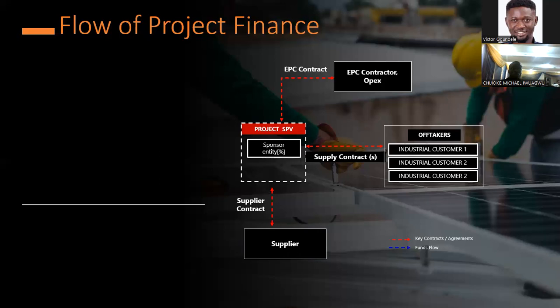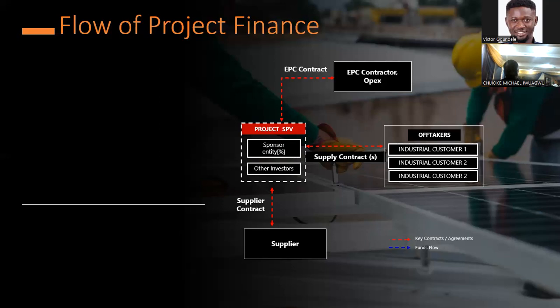Then you also need to consider equity financing, the sponsor percent, which is more like a guarantee. This is an SPV, so if the project needs like 100 billion, what percent are the sponsors, the owners of the project itself, committing into it? If they have other investors, they also need to establish that.